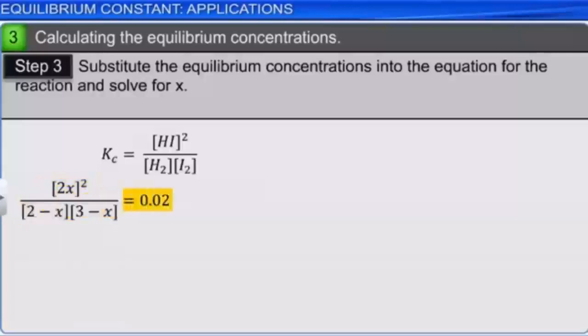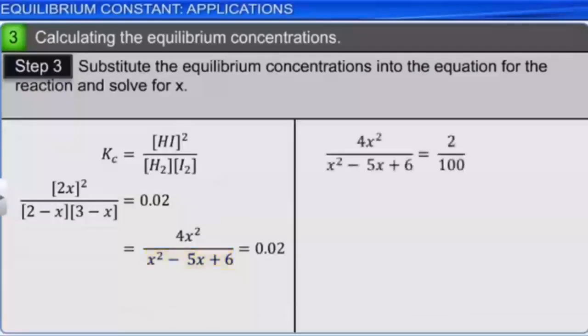This is equal to 4x square divided by x square minus 5x plus 6. This can be written as 4x square divided by x square minus 5x plus 6 is equal to 2 divided by 100.